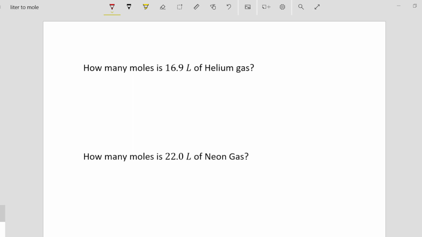Here, if we have some gas at standard temperature and pressure, which is STP, then all gases will occupy the same amount of space, and that is 22.4 liters. All gases, if you have 1 mole of them, will occupy that 22.4 liter space.